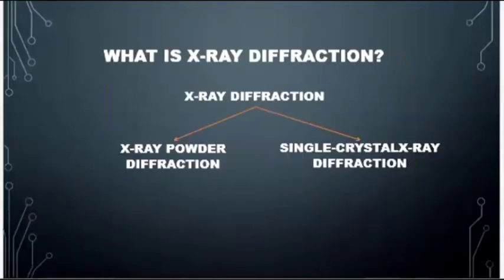X-ray diffraction is a laboratory-based technique commonly used for identification of crystalline materials and analysis of unit cell dimension. There are two primary types of X-ray diffraction, the X-ray powder diffraction and the single crystal X-ray diffraction.